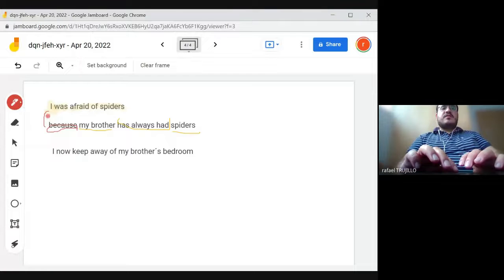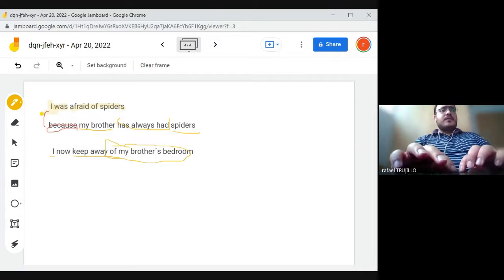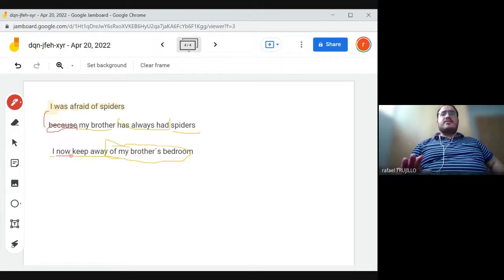See, first I have my subject, my verb, and my complement. What do I need to do? Unite all the sentences. How? I have my connector. It might not seem like a connector, but it gives me a relationship between the past and the present.